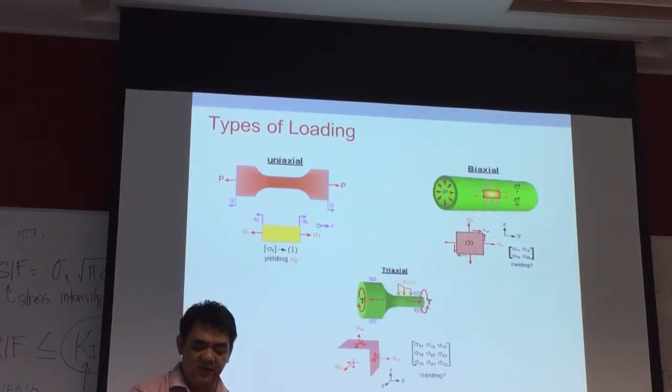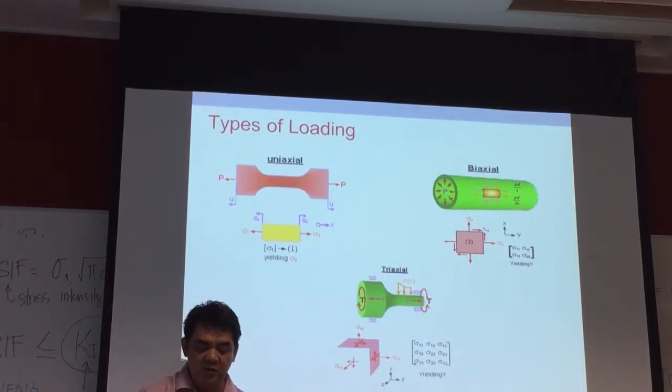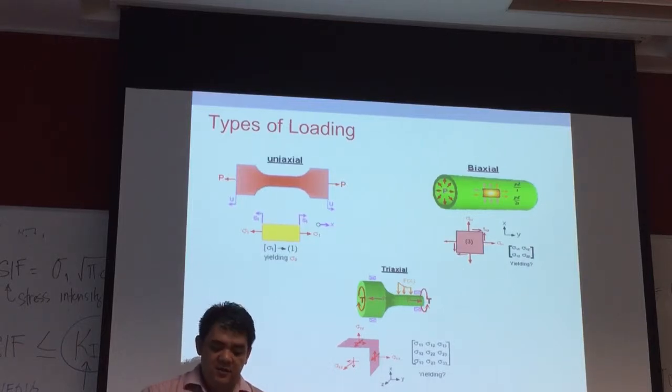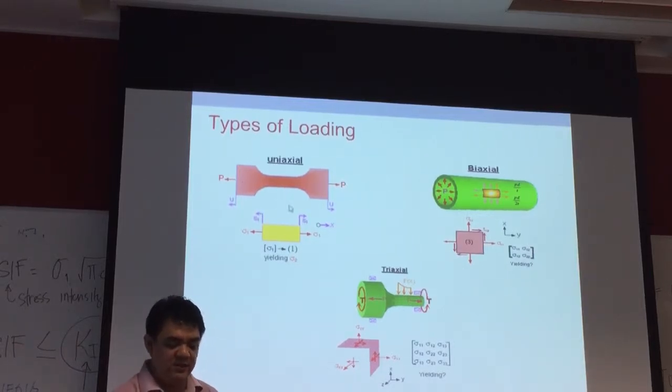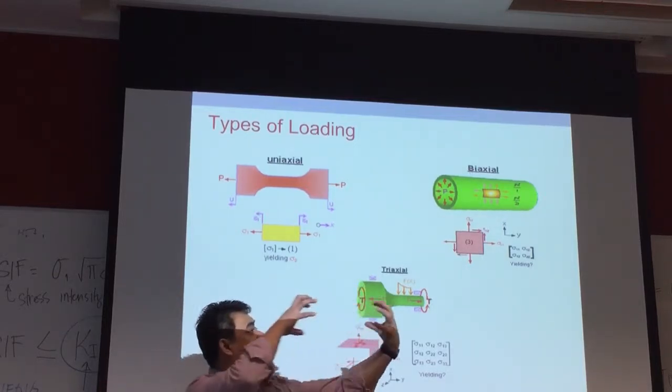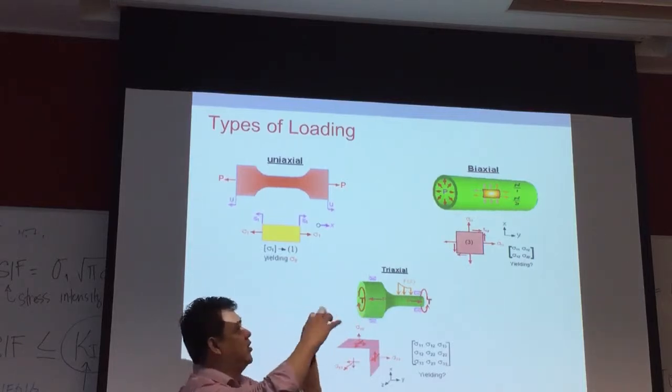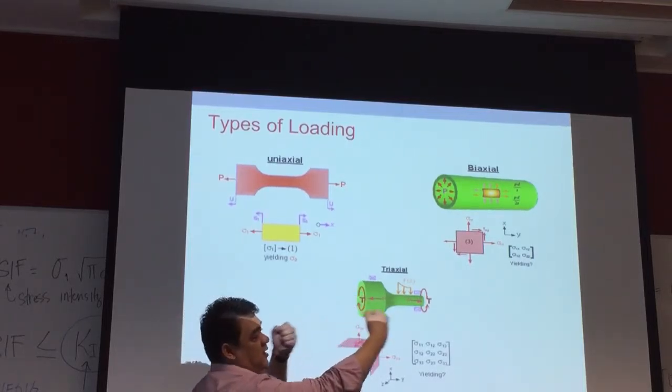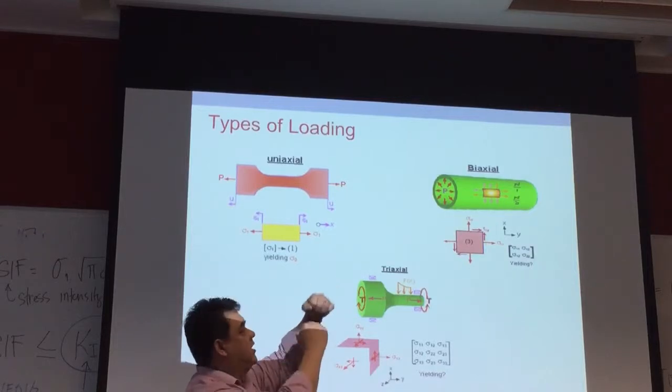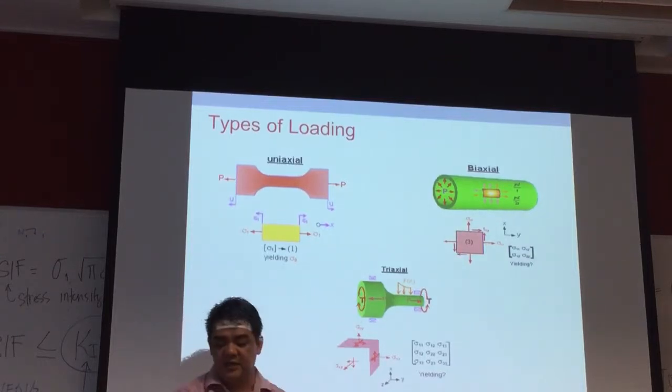Uniaxial, biaxial, triaxial, torsion, and so on and so forth. Right? So this one is uniaxial, biaxial, meaning inside. Why biaxial? Because inside there's a pressure, so that stretches your small material along the longitudinal and along the transverse or hoop in this case.